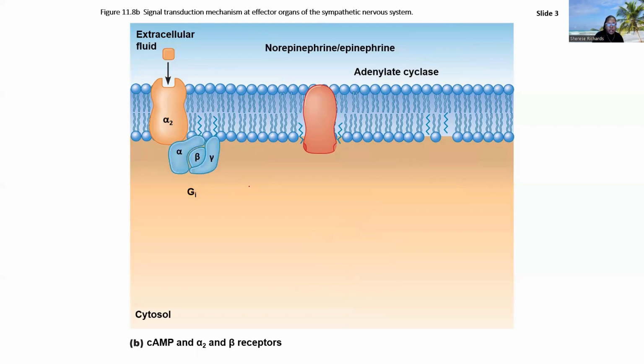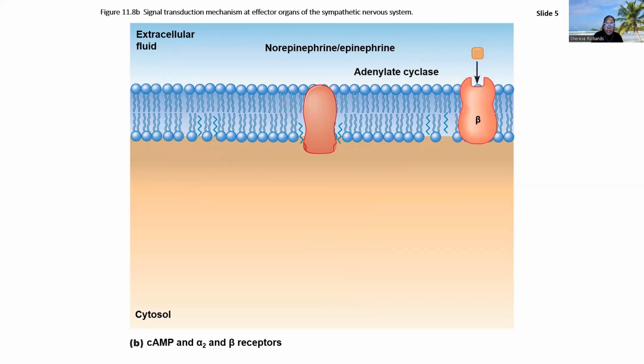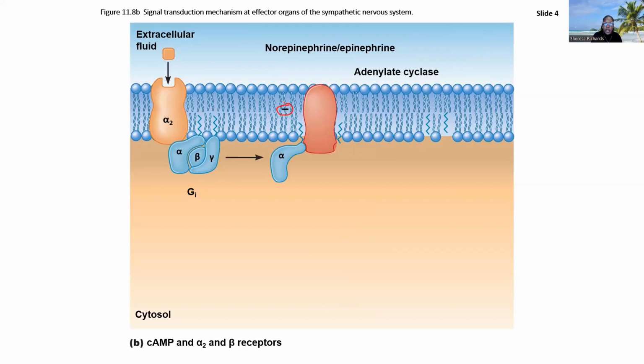So norepinephrine or epinephrine will bind to our alpha-2 receptor. Because this is coupled to a G inhibitory protein, when the alpha subunit dissociates off, it's actually going to inhibit the second messenger, right? So we're going to block the production of second messenger.